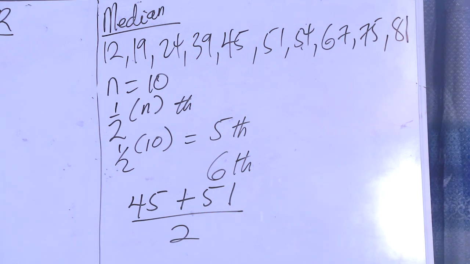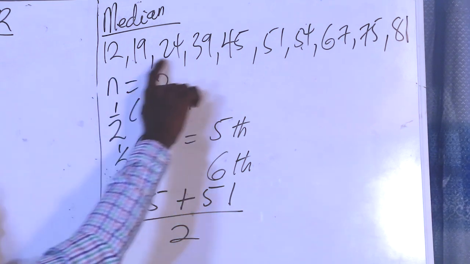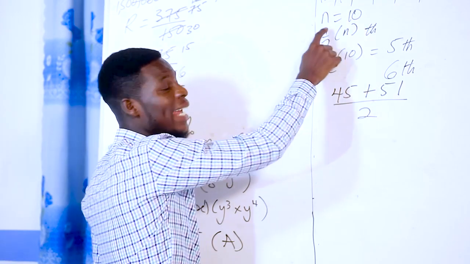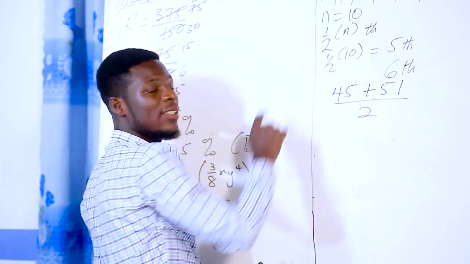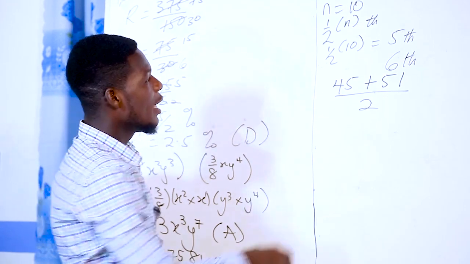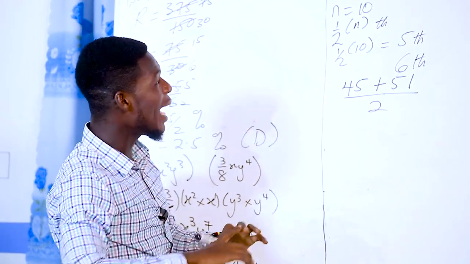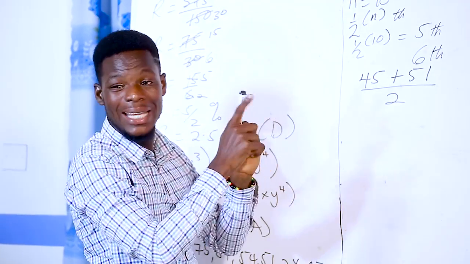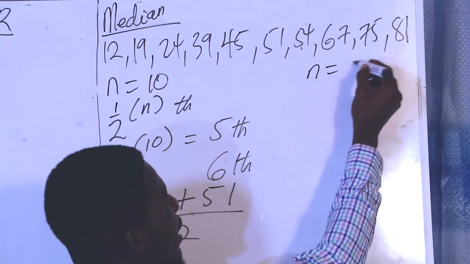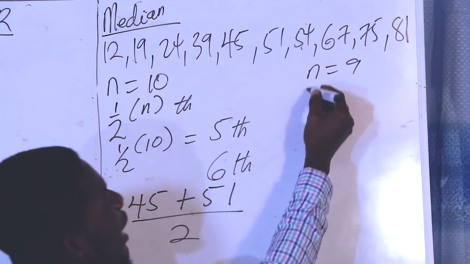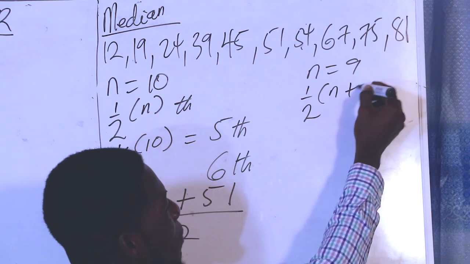In elaborated form, first, count the number of data. Find half of it if it is an even number. If this were an odd number, for example, 9, if the number of data were 9, then we'll just find half of 9 plus 1.